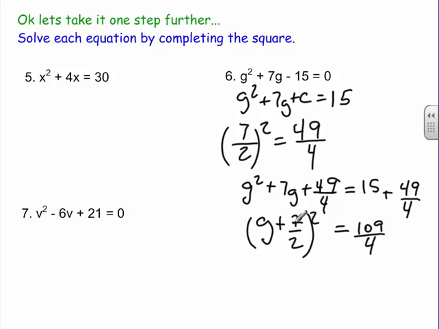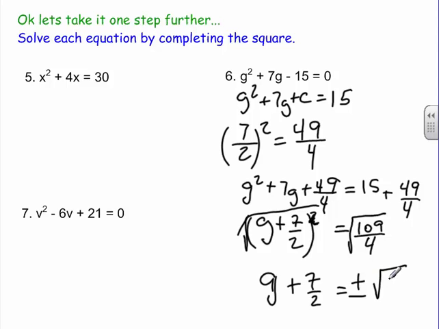And then solve. So square root this side, square root this side. The square root and the square cancel. And we end up with g plus 7 halves equals plus or minus the square root of 109 over 4, which simplifies, and we'll do that in a second.